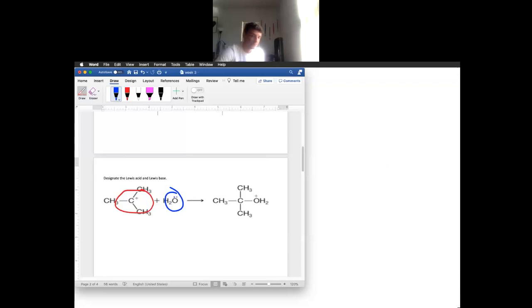These electrons on the water will be what bonds to that carbon, which is where you get this from. Any questions on that? No? Okay.